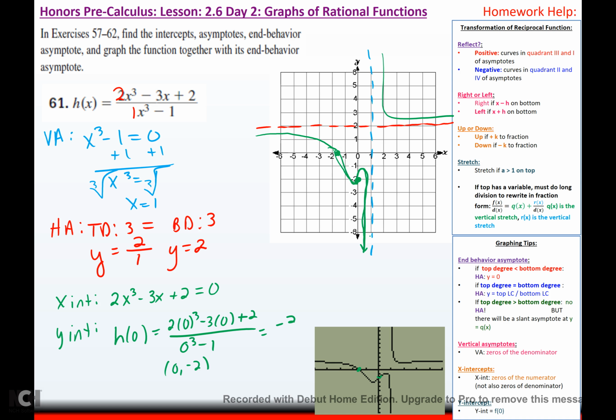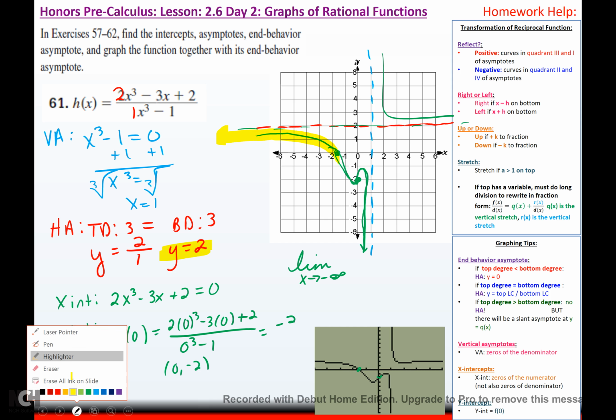End behavior asymptote. The end behavior asymptote is the horizontal or the slant asymptote. So if we describe the end behavior, the limit as x approaches negative infinity, as I approach negative infinity, if I'm tracing this, as I get closer and closer and closer, this function is getting very, very close to that red line, which is 2, which means my function is approaching 2.